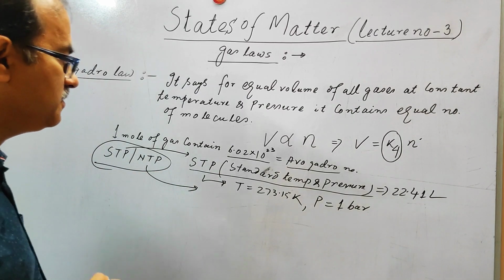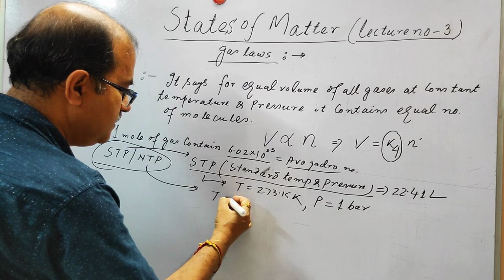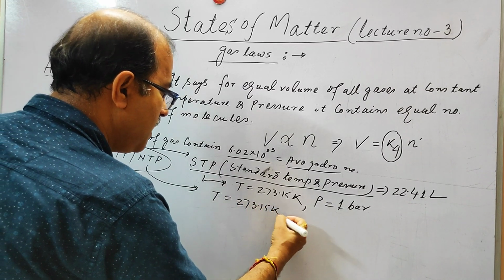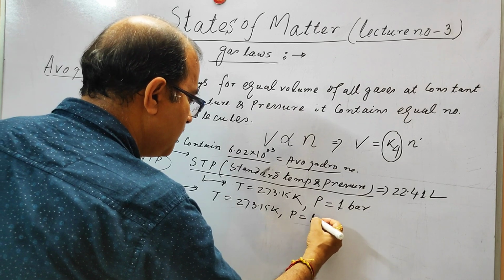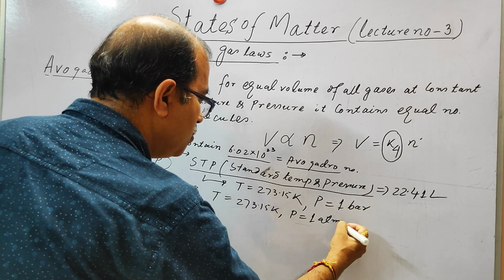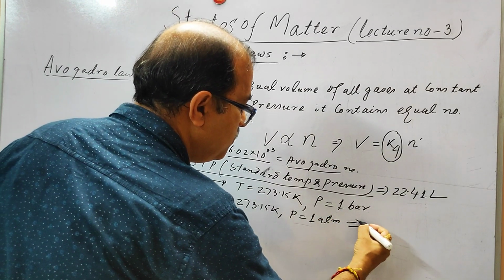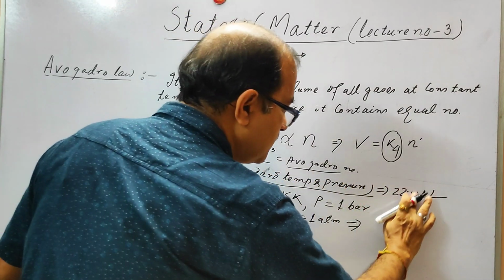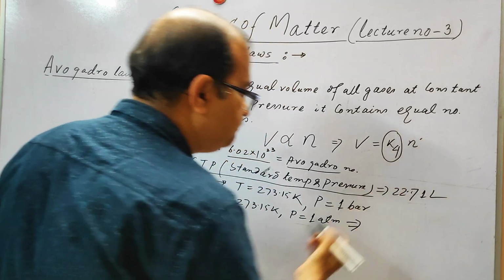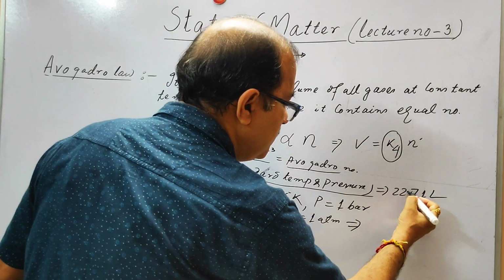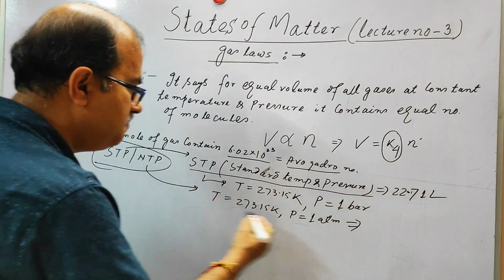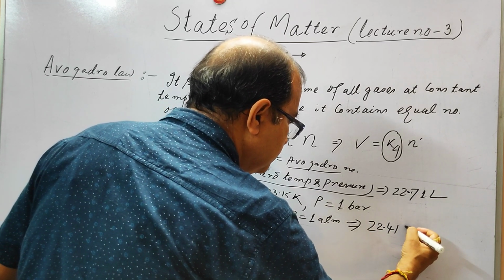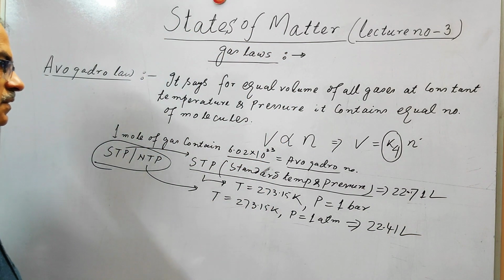NTP is normal temperature and pressure, where T is 273.15 Kelvin and pressure is 1 atmosphere, and its volume will be 22.41 liters.